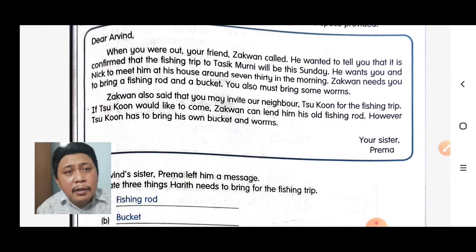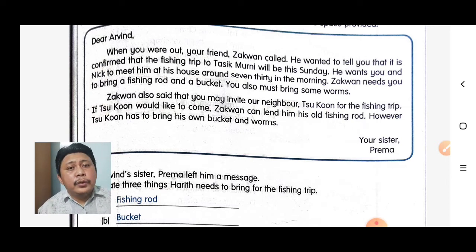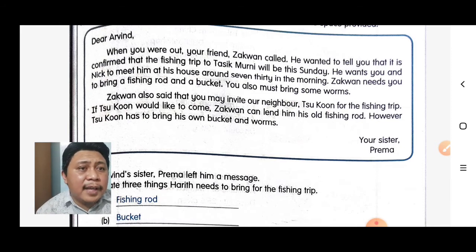Dear Arvin, when you were out, your friend Zakwan called. He wanted to tell you that it is confirmed that the fishing trip to Tasik Murni will be this Sunday. He wants you and Nick to meet him at his house around 7:30 in the morning.